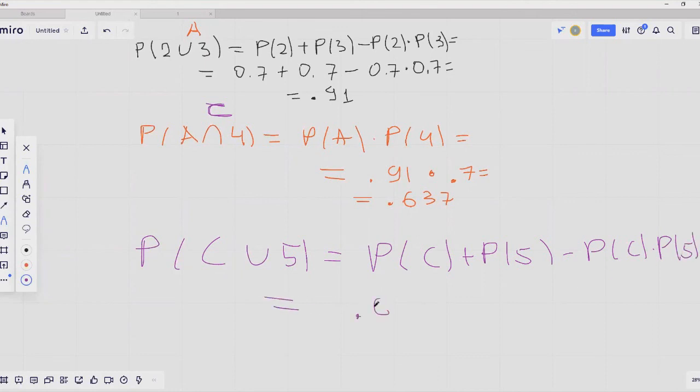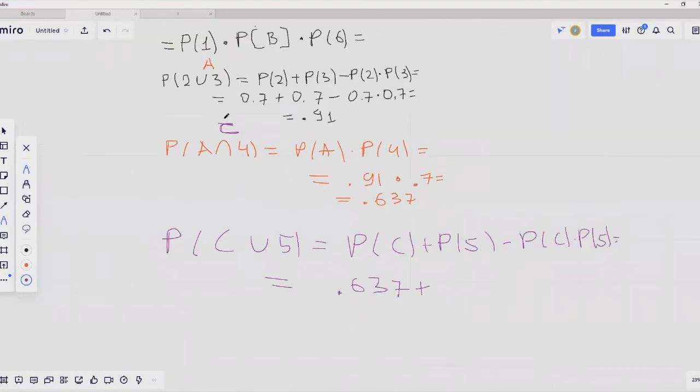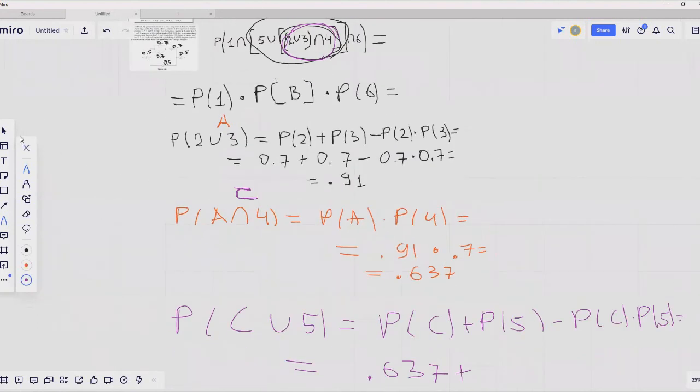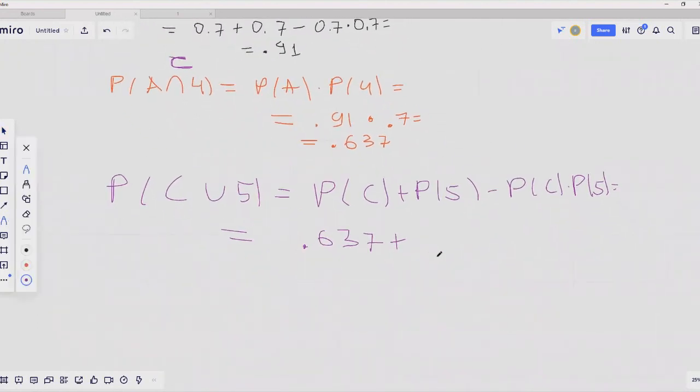So this is 0.637 plus the probability of 5, which is 0.5, minus 0.637 multiplied by 0.5. Which is equal to 0.8185.